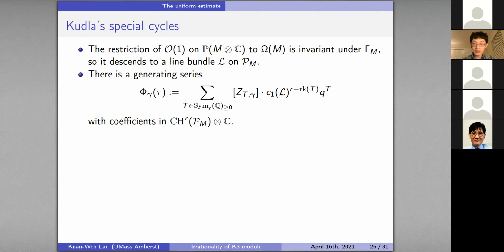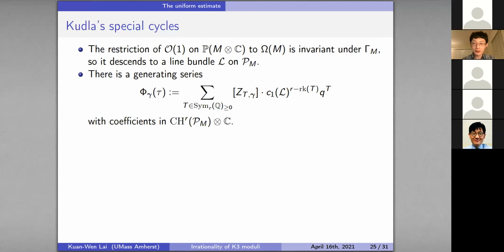Okay, so using this, now we can define a generating series. In this generating series, the coefficient is a product between the special cycle and the first Chern class of this line bundle. One of the purposes here is that you want these coefficients to have the correct codimension.